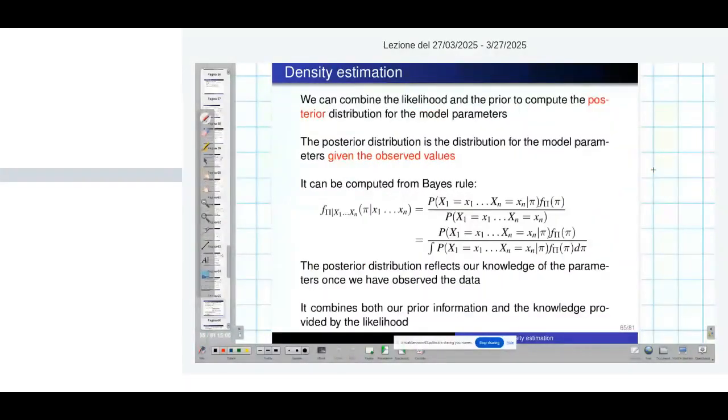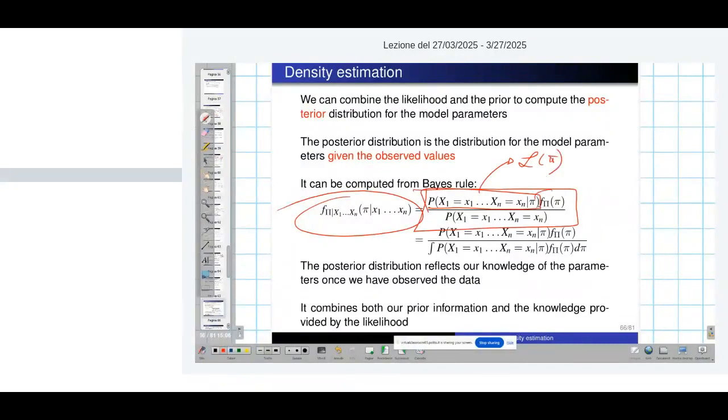Then, once we observe the data, using Bayes' rule, we can combine the likelihood function, this is the same likelihood function that we introduced before, and the prior information to compute what is called the posterior distribution for pi. So, for example, at the beginning, before we observe any toss, this is our distribution for pi, so we believe all the values of pi are possible.